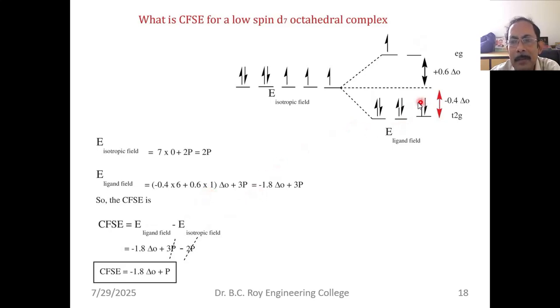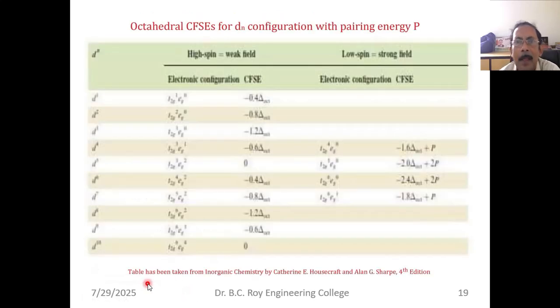And how many pairs? 3 pairs. After the ligand field is created, how many pairs? 3 pairs, so that's why 3P. So the total energy here is minus 1.8 delta O plus 3P, and CFSE is calculated as ligand field minus isotropic field. So the 2P cancels and we get minus 1.8 delta O plus P.